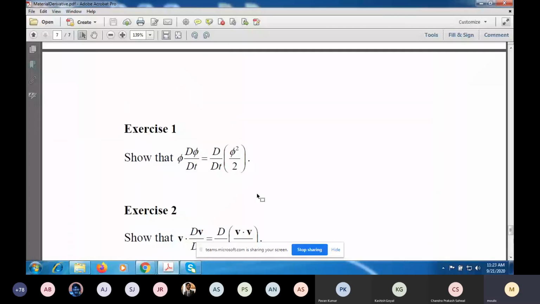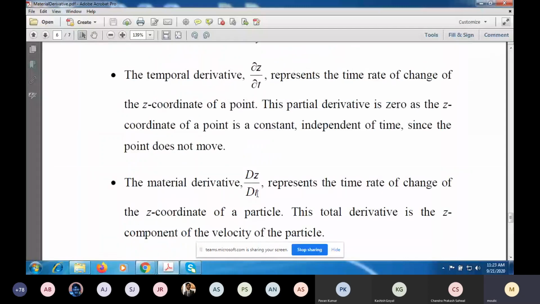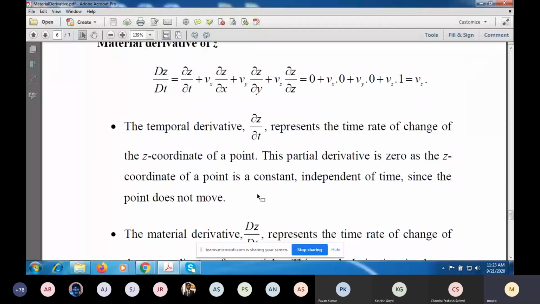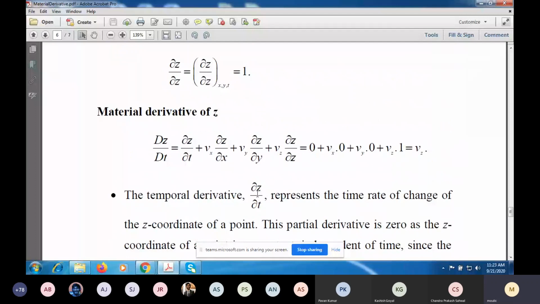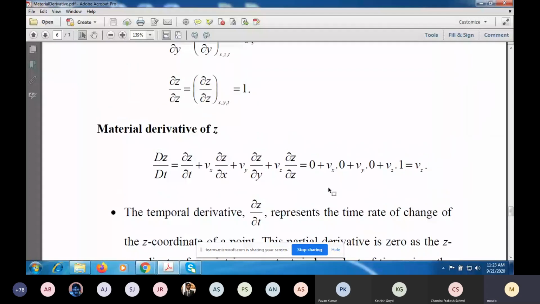Alright, now any questions regarding this material? If not, then I'll stop sharing this and open another document.